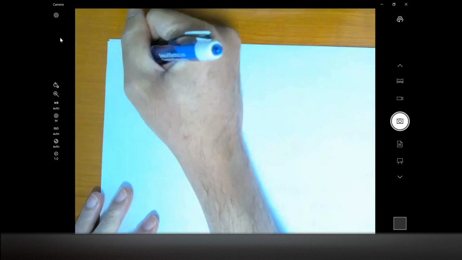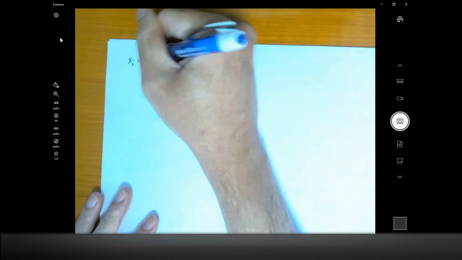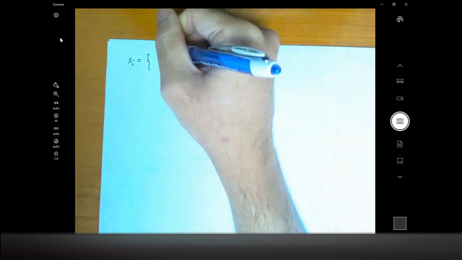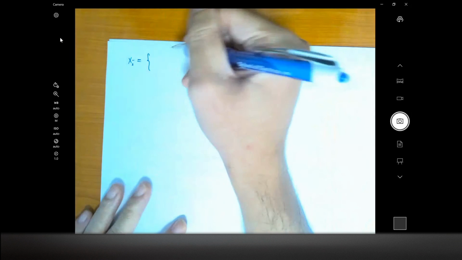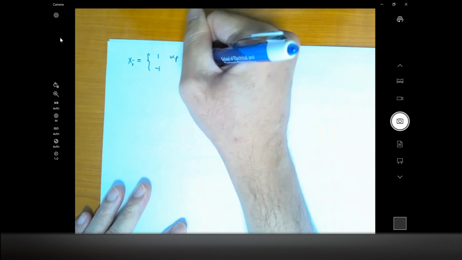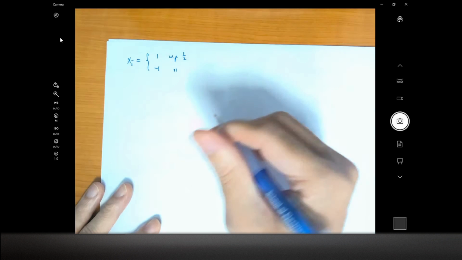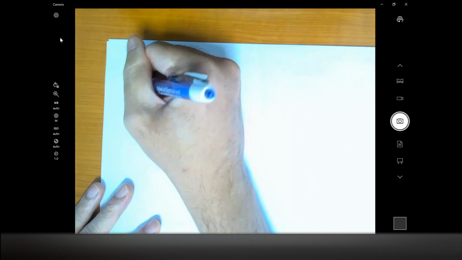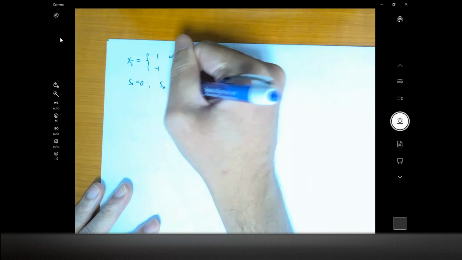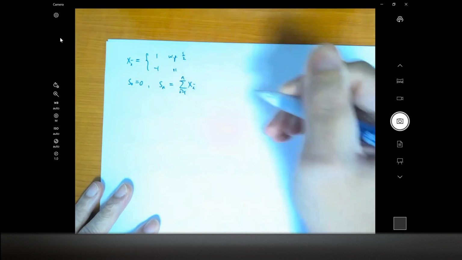Okay, let's do some examples first to see how we can apply this. So now I have IID random variables S_i, and these are Bernoulli random variables, taking value 1 or -1 with probability half each. As usual, we define S_0 to be 0 and S_n to be just the sum of the S_i, i from 1 to n.